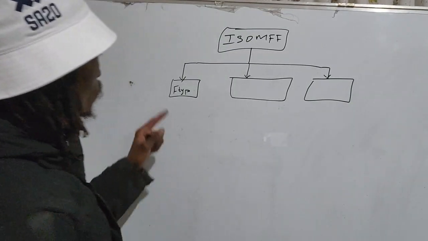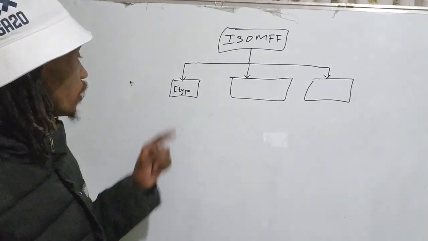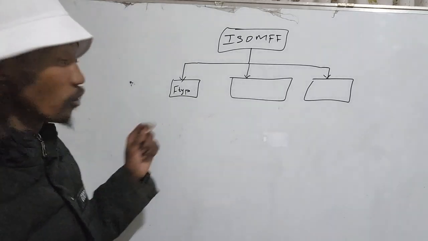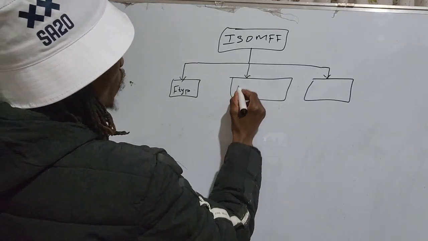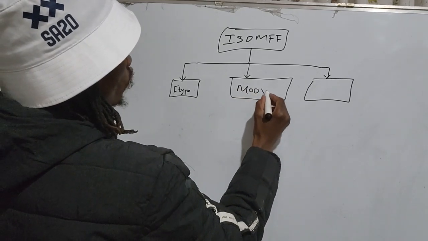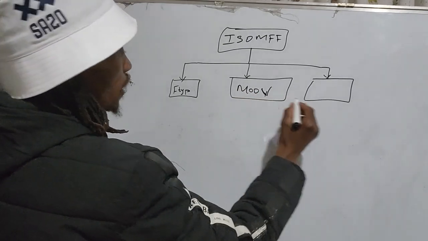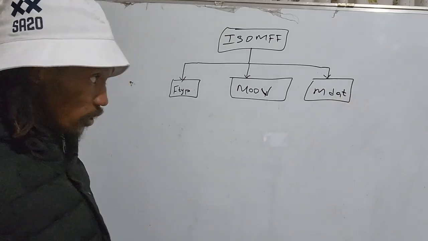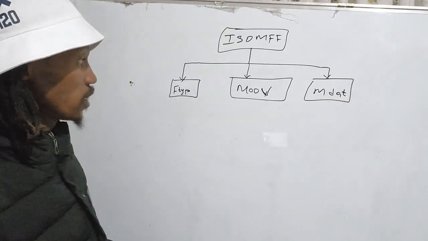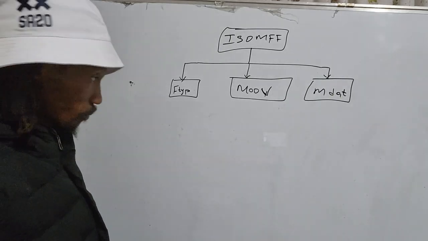One of those objects is called F-type, or has a type of F-type, and the other one is the move, and the other one is an M-dot, where the actual data is stored.